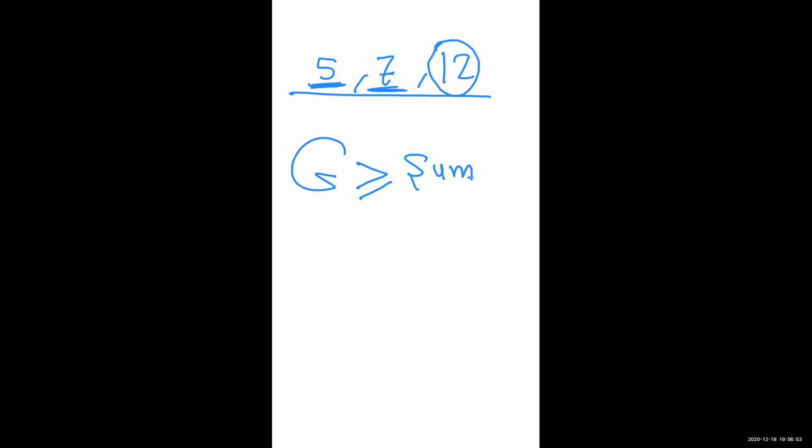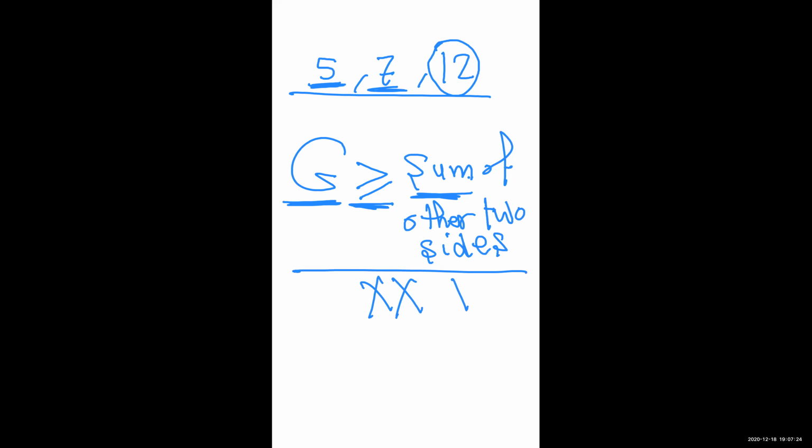Of course, the two other sides. If the greatest is greater than or equal to the sum of the other two sides, when you draw it, it wouldn't be a triangle. So not a triangle. Okay, are we clear?